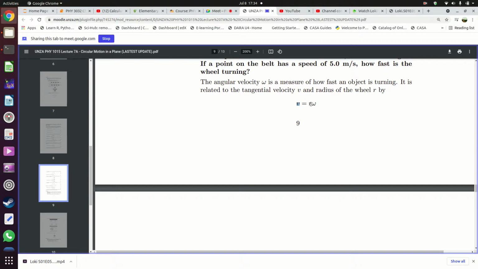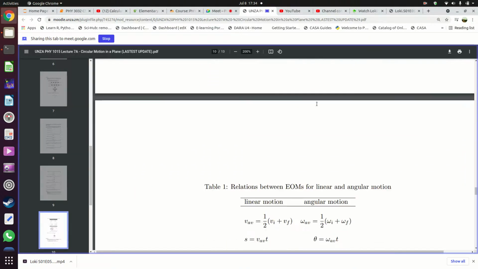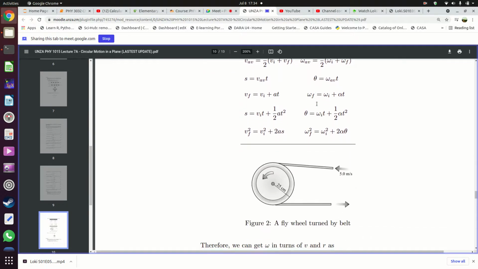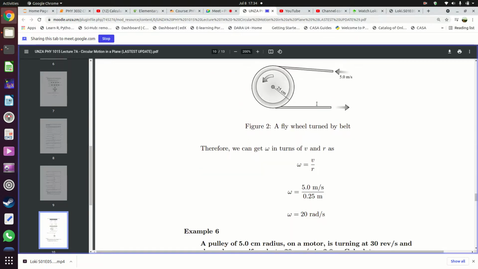So since we're looking for how fast the wheel is turning, we make omega the subject of the formula. Omega measures how fast something is turning, or how fast something is spinning. Okay, so we end up having omega is equal to V divided by R. That is what omega is. Are we clear?